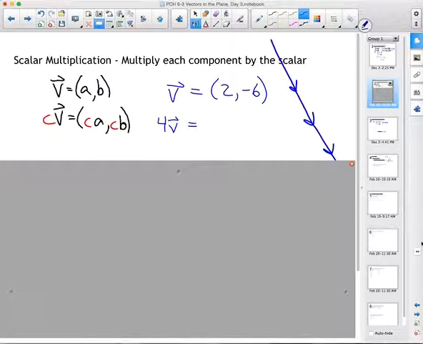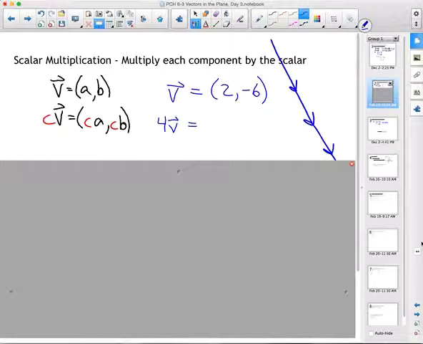But you'll notice here, how do we do scalar multiplication in the first place? We multiply each component by whatever the scalar is. So if we're doing c times the vector v, we're going to multiply the horizontal component a by c and the vertical component b by c.